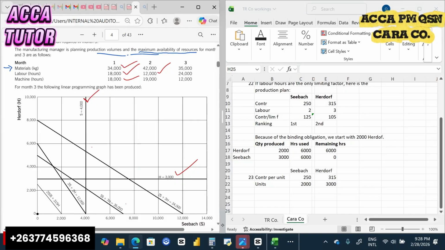Okay. Then when you look at a combination of materials.